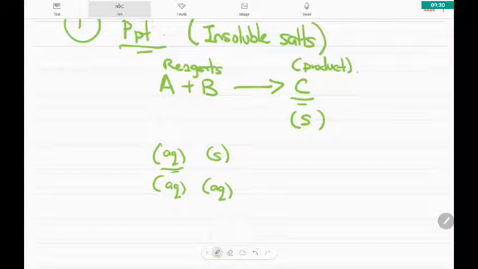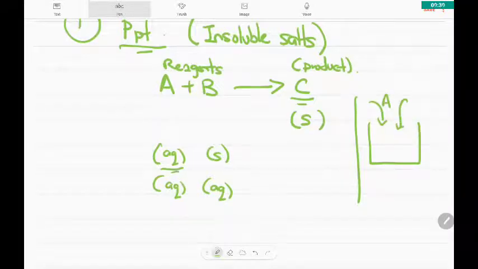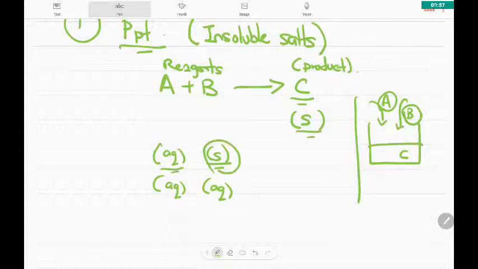But the problem is that at the end of the reaction, say for example, I throw in A, I throw in B. They reacted to form C. But there could be A or B left behind, which means what is left behind would be a solid and a solid mixture. I will have difficulties trying to separate B and C. So no, it's not the best method.